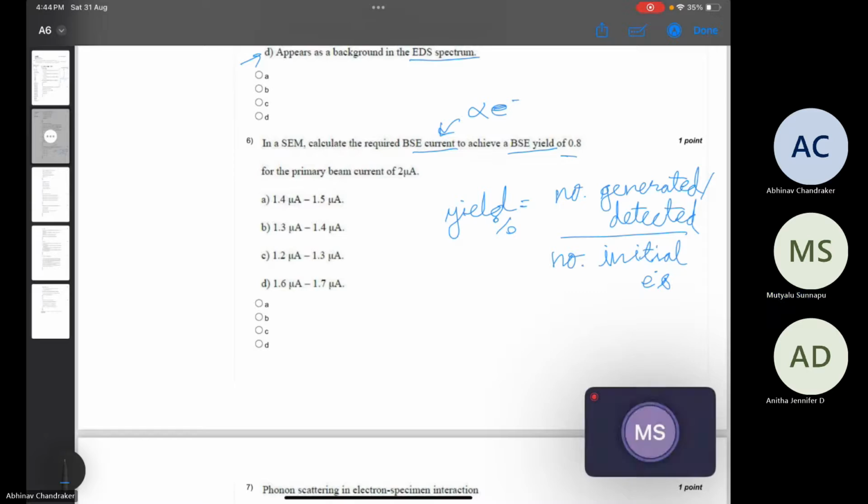So the amount of current will be proportional to the density of electrons which are generated. If the primary beam had 2 microampere current and the yield of BSE is 0.8, that means 80% of the initial electrons are coming out as BSE.